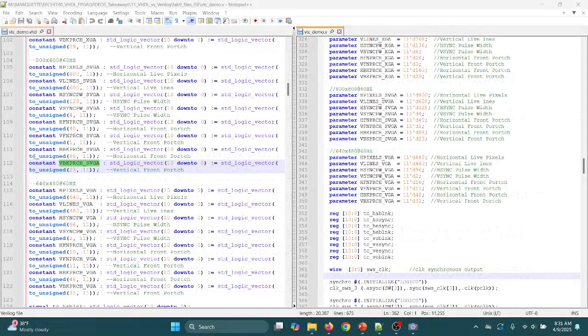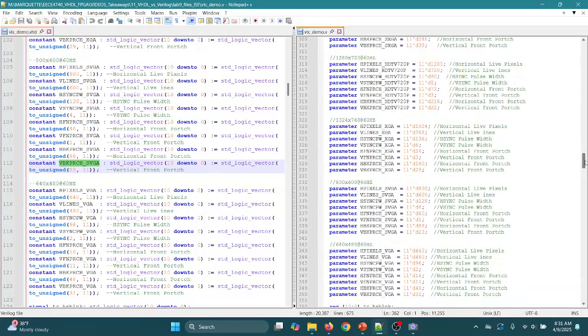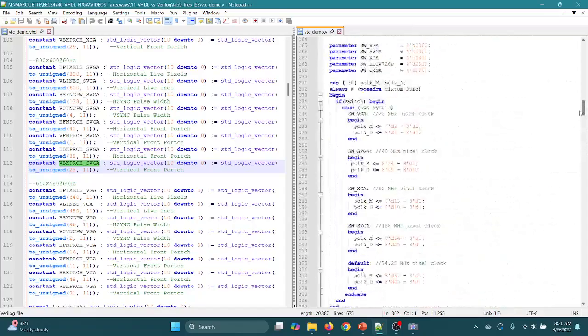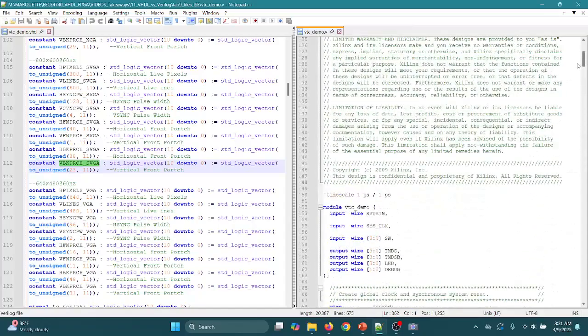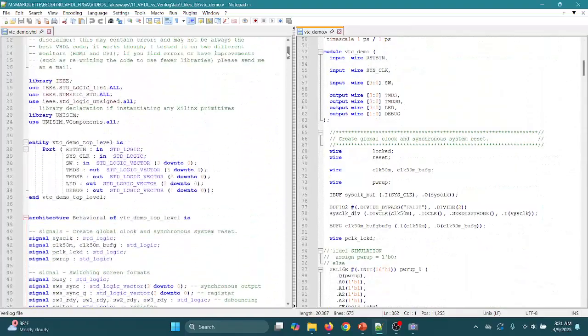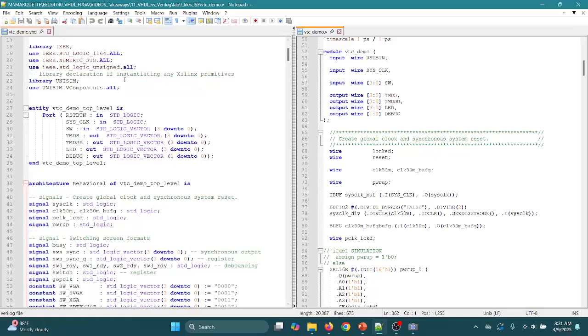P.S. I forgot to show you side by side the VHDL and Verilog files that I was talking about. I had translated this file, VTC underscore demo, that I have on the right hand side, written in Verilog, to VHDL that you see here on the left hand side.